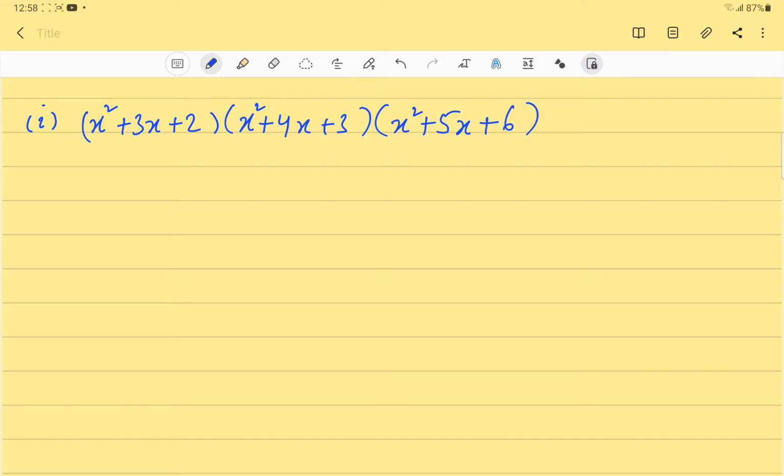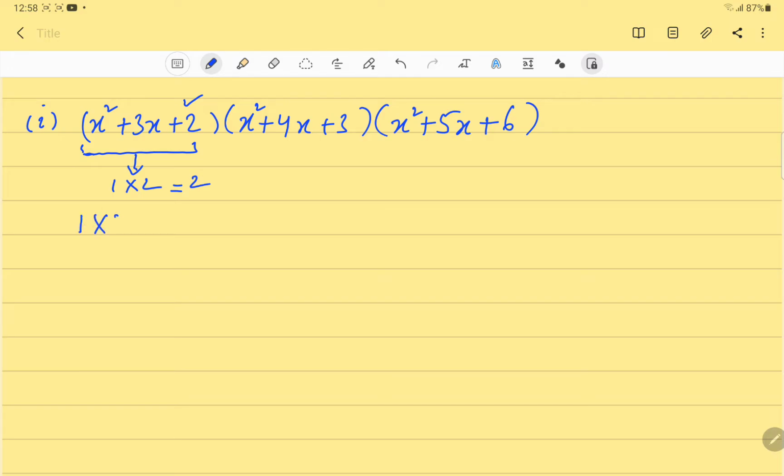In the first bracket we have x squared plus 3x plus 2. So we will apply our same method of factorization. We will multiply the coefficient of x squared with this term, which we generally call c in the quadratic expression. So 1 into 2 is equal to 2.